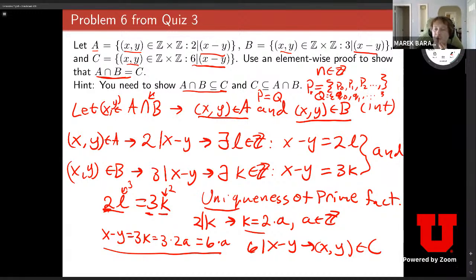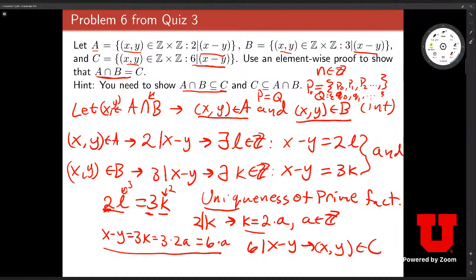I should also note that 1 is not a prime number, so you're not going to have multiple 1s in there. Does that make sense? Okay.